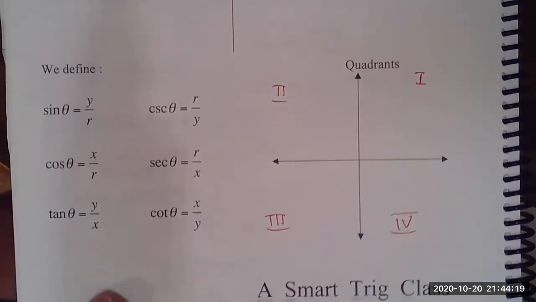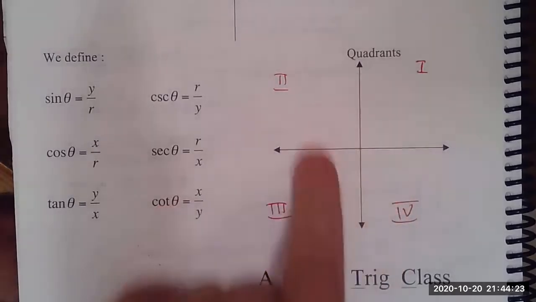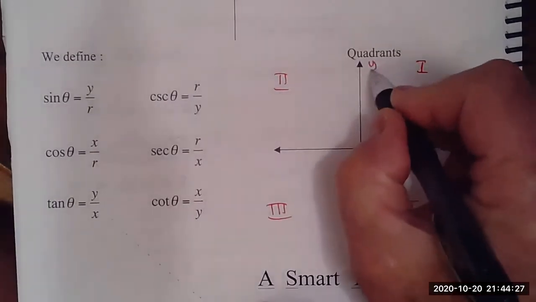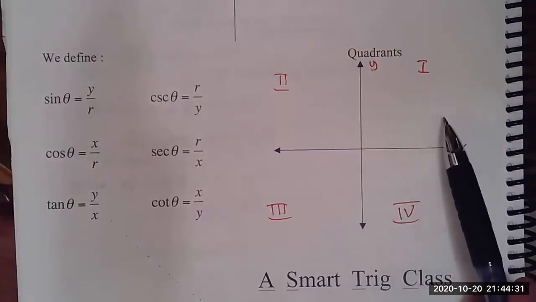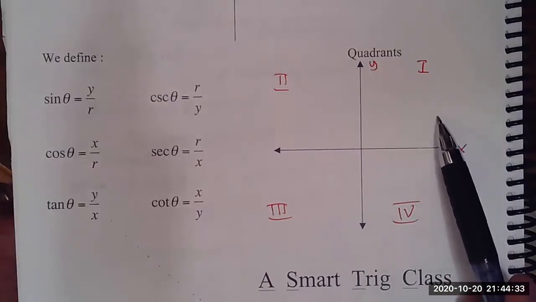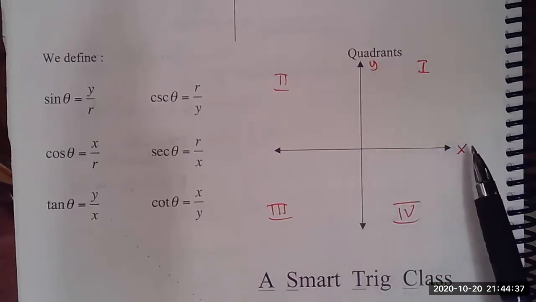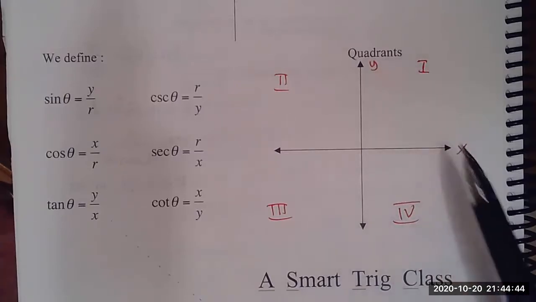It turns out that if you think about a circle in here, and if this is the x-axis and this is the y-axis, wouldn't both the x and the y be positive in quadrant 1? And the answer is yes. If both x and y are positive, that means cosine and sine are both positive. Cosine and sine, everybody is positive.